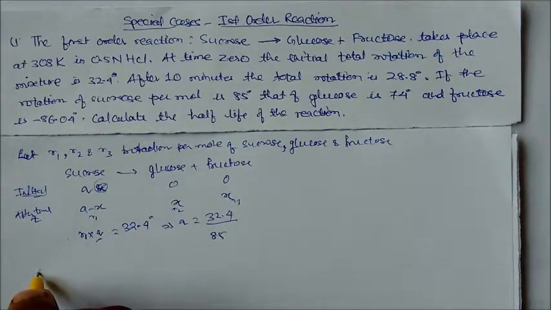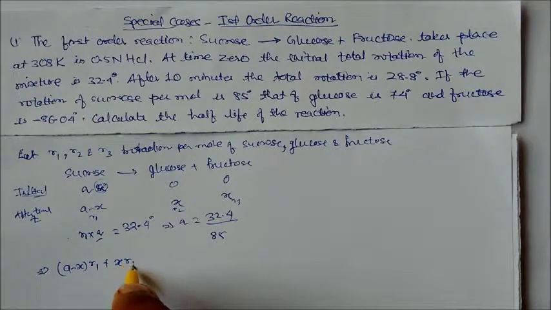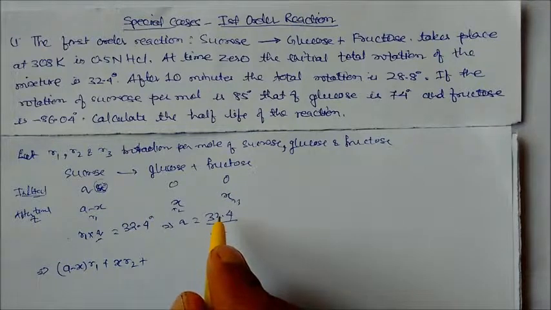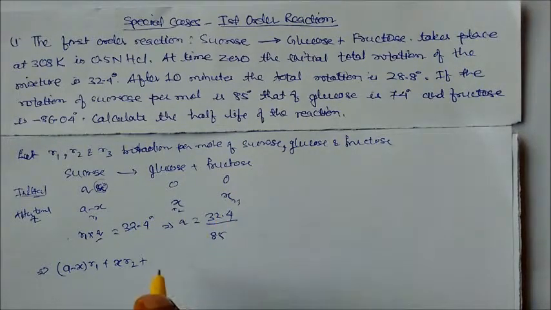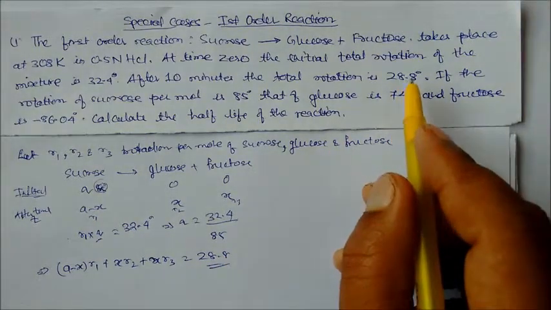So total will be how much? Total will be A minus x into R1 plus x into R2 plus x into R3 is equal to 28.8, because the total rotation is 28.8 degree.